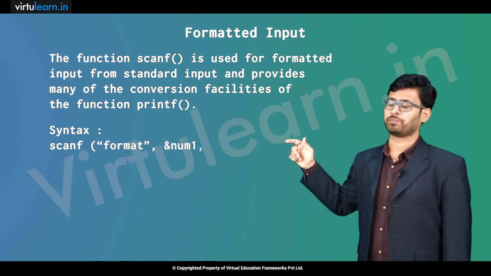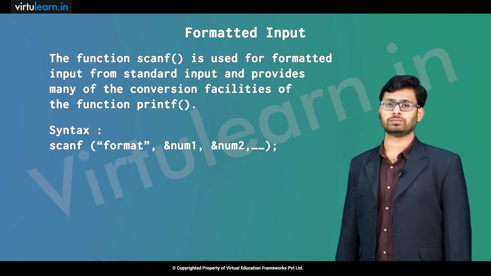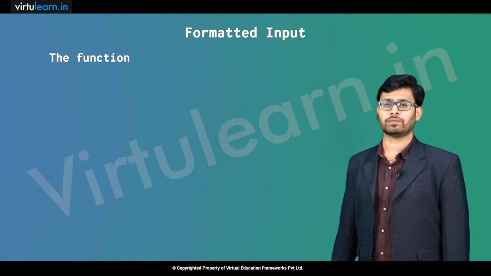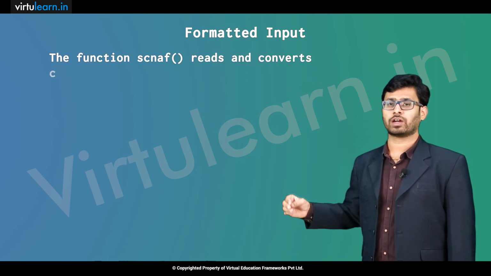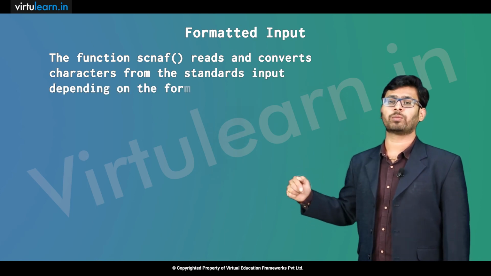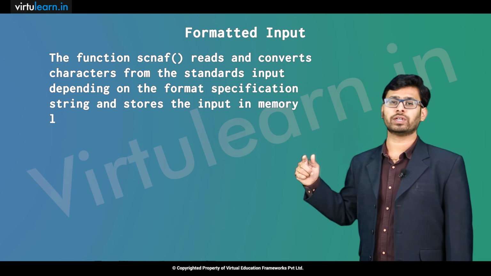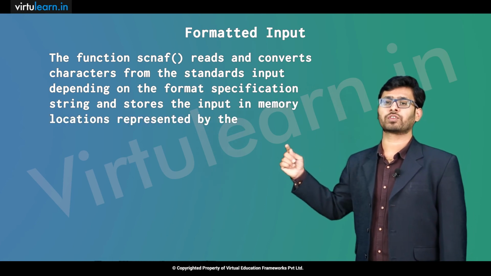For example, scanf within the inverted commas we are writing %c, %d and here address of name, comma, address of roll number. So the data names are listed as address of name and address of roll number instead of name and roll number respectively.